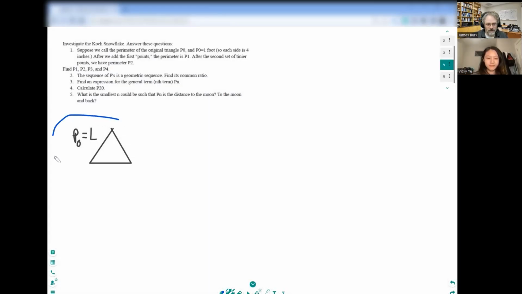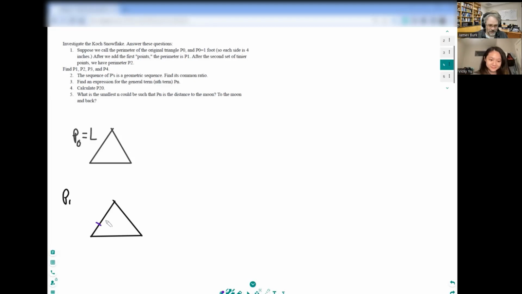Now, how do you make this triangle? How do you start it off? Well, let's go to the next one then. How about P1? How do you do P1? You add three more triangles into the middle of each line.